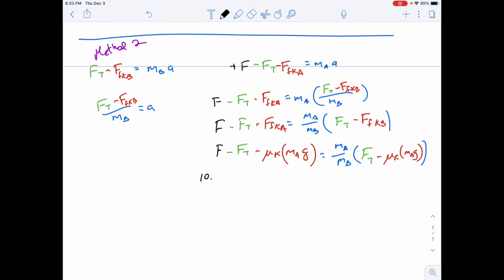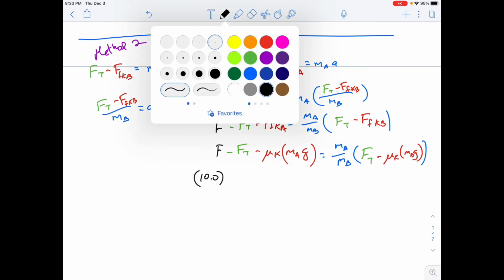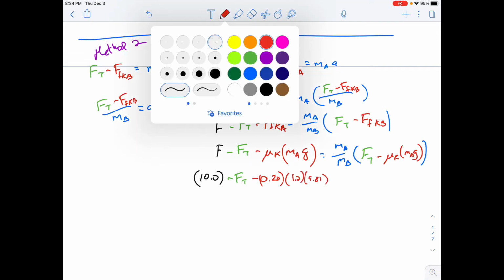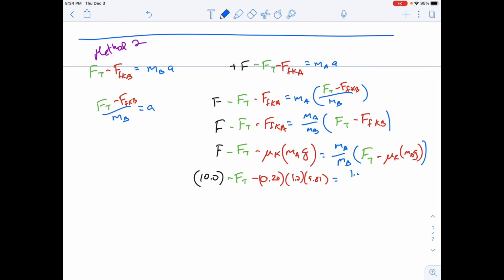And if we do that, I'm telling you, it's going to be 10.0 N, Ft minus 0.2 times 20, m_a is 1.0, 9.81, equals 1.0 over 2.0.